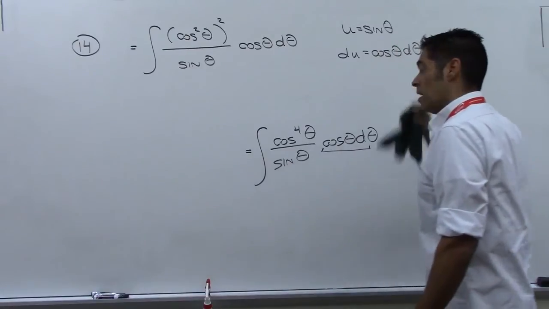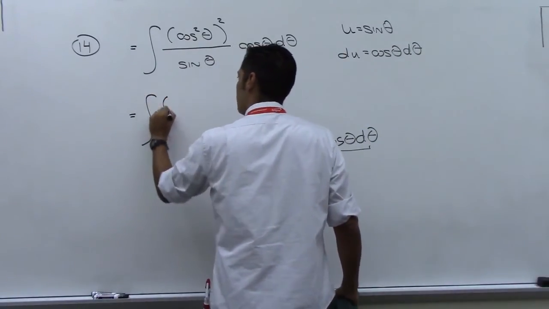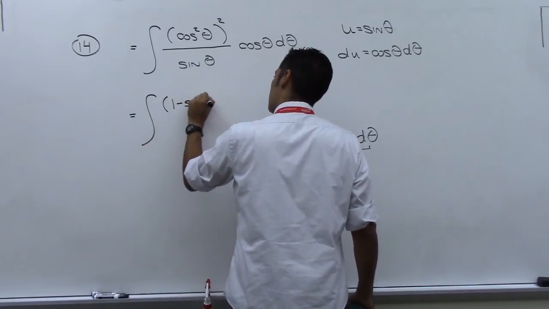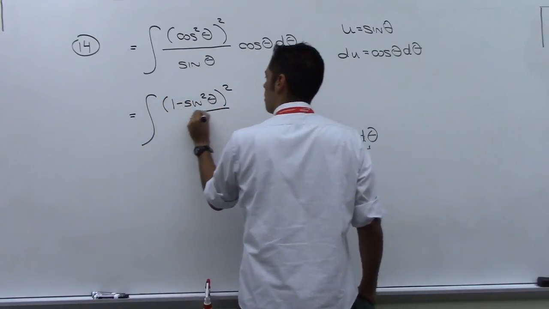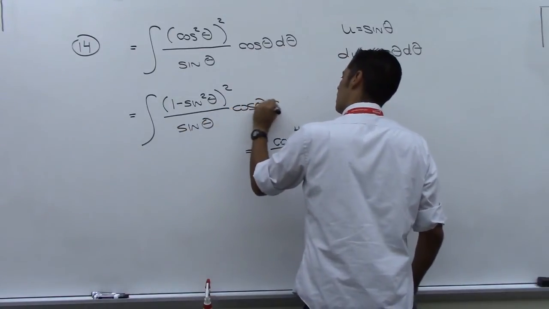Remember that cosine squared theta is 1 minus sine squared theta. So you have 1 minus sine squared theta, squared, over sine theta, cosine theta d theta.